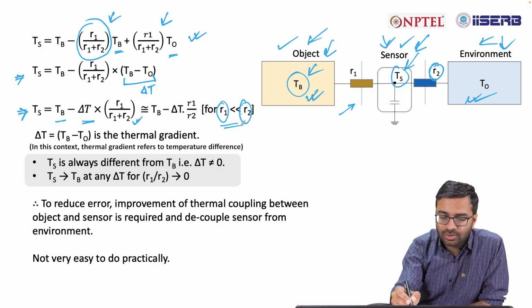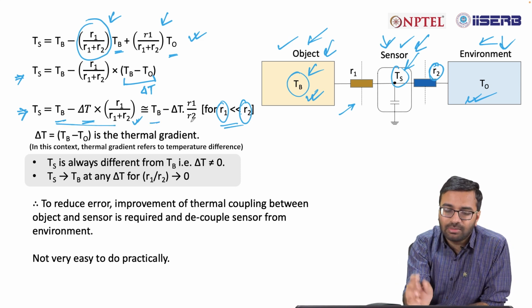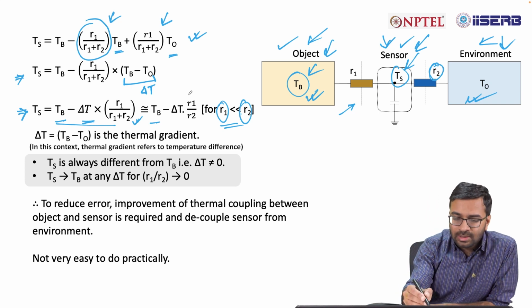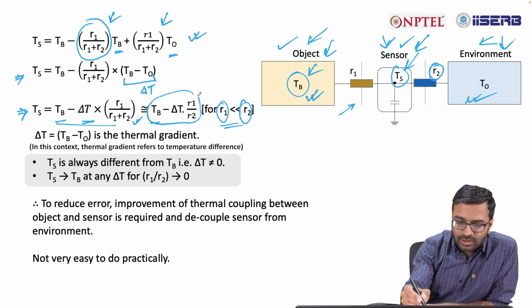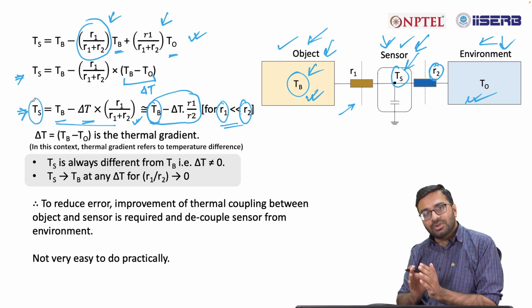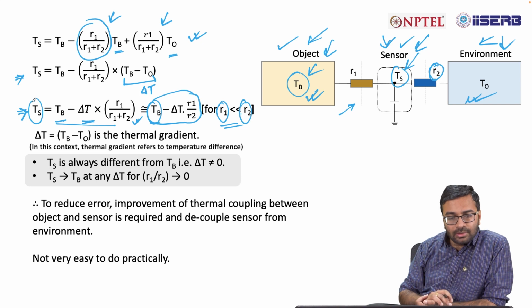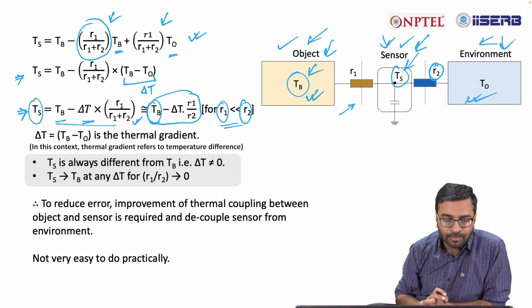If you take this assumption, then this particular expression will become Tb minus delta T R1 divided by R2. So, this is the relation between object temperature and sensor temperature. Ideally, both the temperatures should be equal, but in here you will find that your object temperature and sensor temperature is not equal if there is a delta T present.